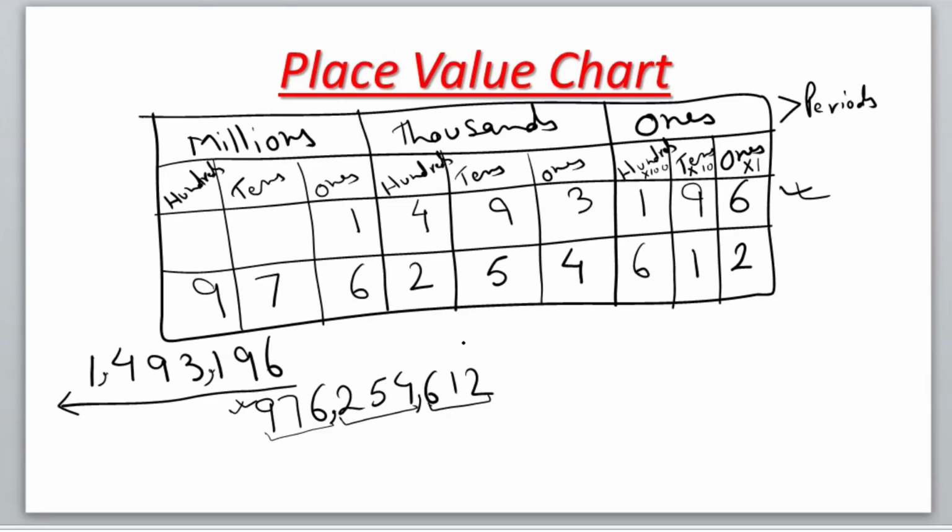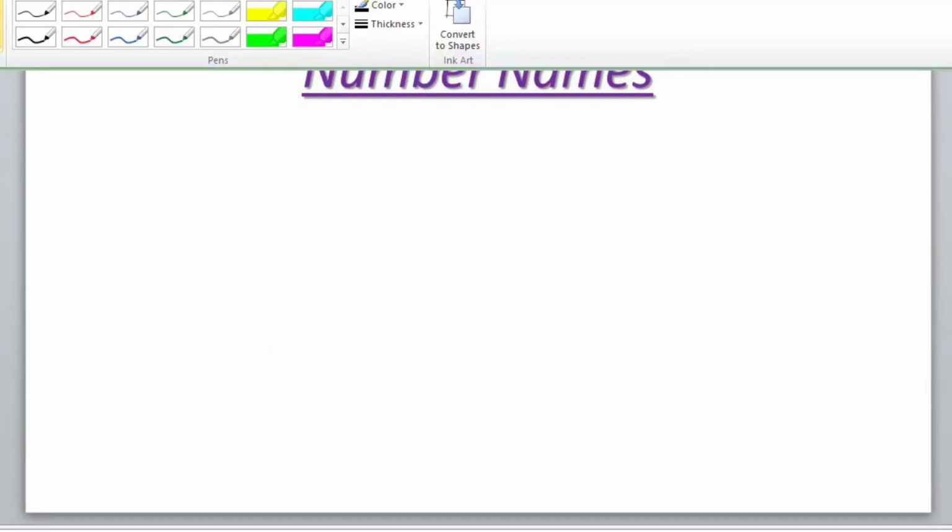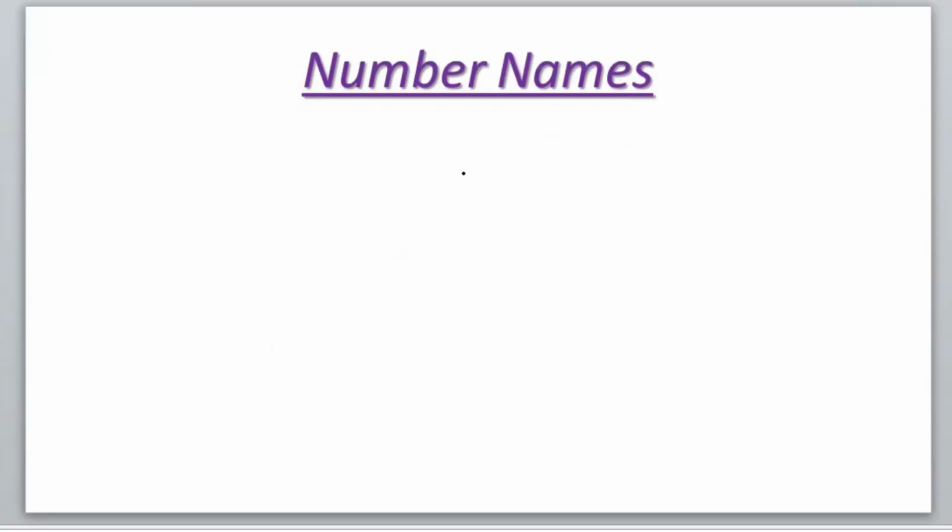Okay. Now we will go to the number names. Number name is also related to the place value chart. As we know the place value chart, it will be easy for us to learn to write numbers in word form. What is a number name? Number name means writing numbers in word form. Like we know that 1 in word form is one.